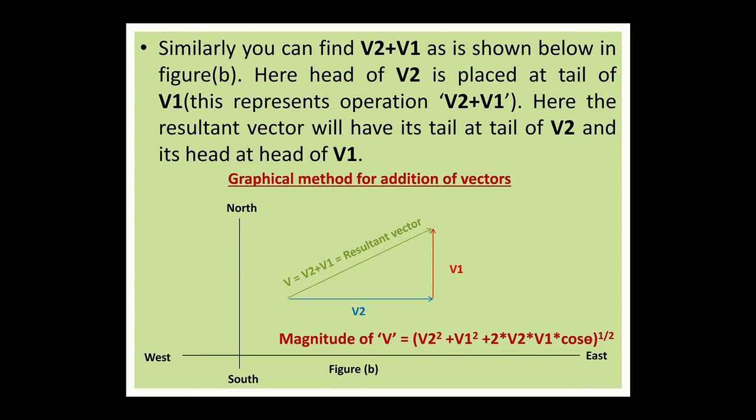In this way you can simply add V2 with V1. This is your resultant vector, and its magnitude is given by V2 square plus V1 square plus 2 V2 V1 cos theta, whole to the power half.